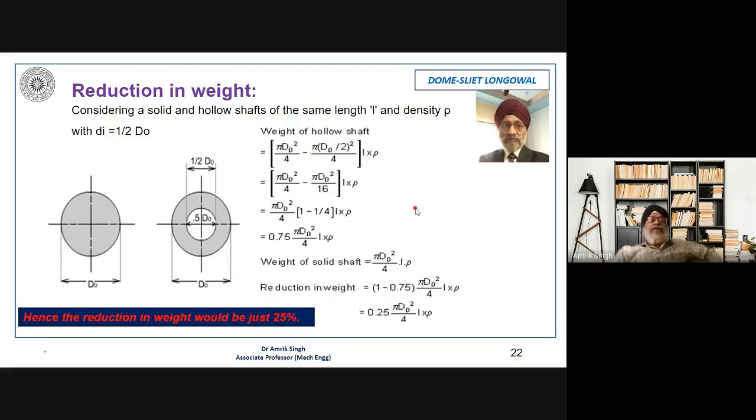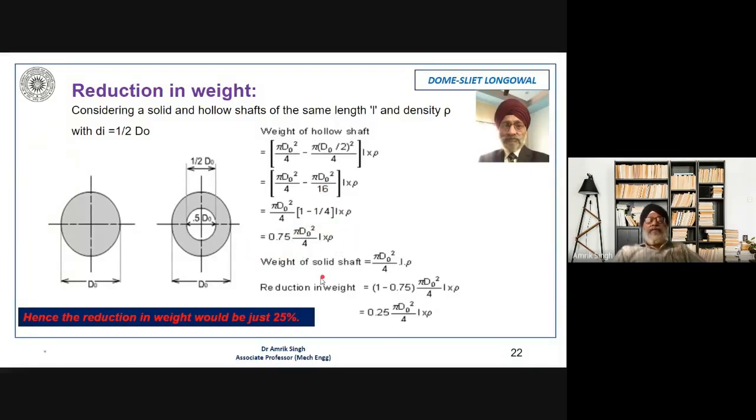Density is mass per unit volume, so you can find the weight by this formula: pi D squared upon 4 minus pi D squared upon 16, into L into rho, where rho is the density. Take this common and you can write it like this, 1 minus (DI by DO) whole squared, so this will be 1 minus 1 by 4, which gives you 0.75.